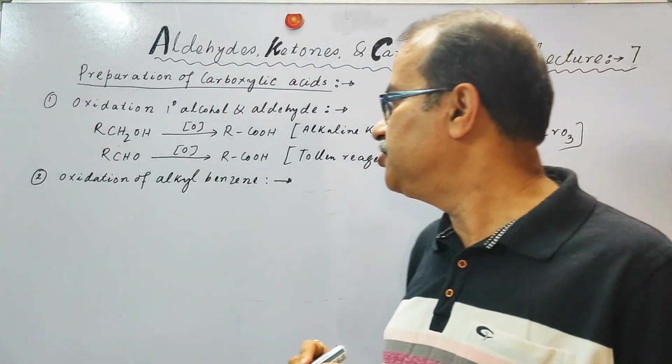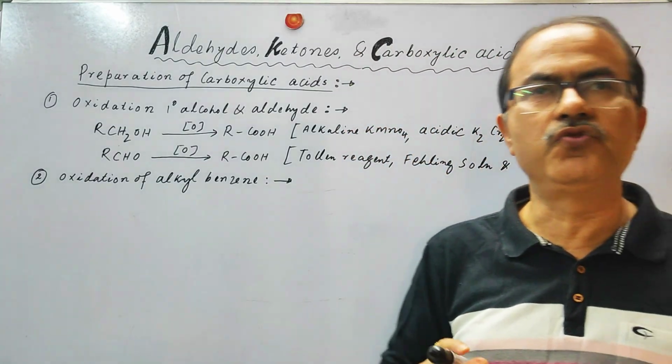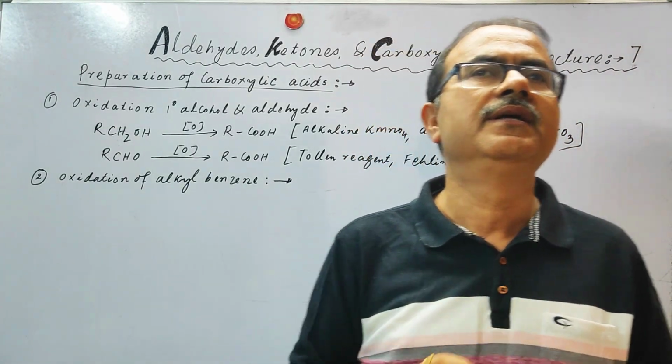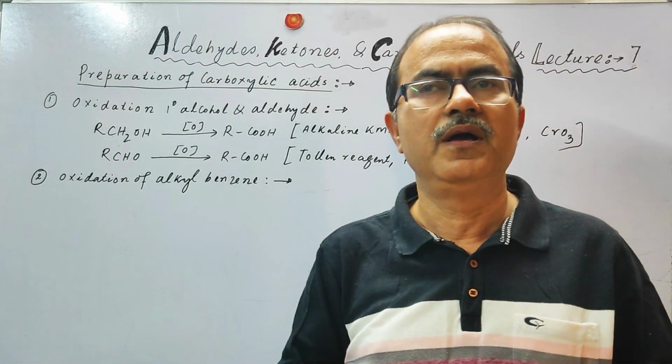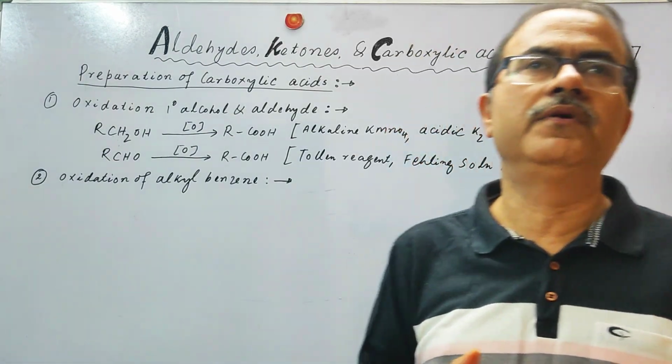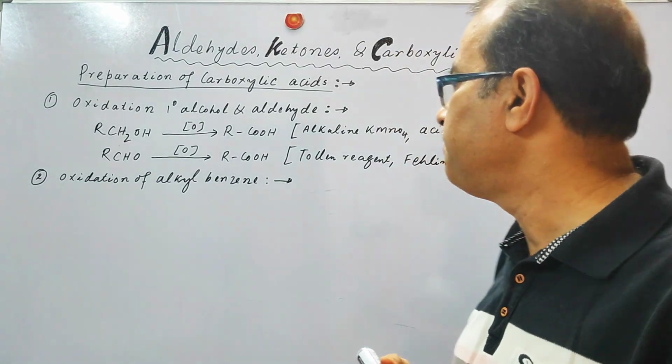Oxidation of alkyl benzene requires some very vigorous treatment. You need the oxidizing agent, that is alkaline KMnO4, or you can use the acidic K2Cr2O7.